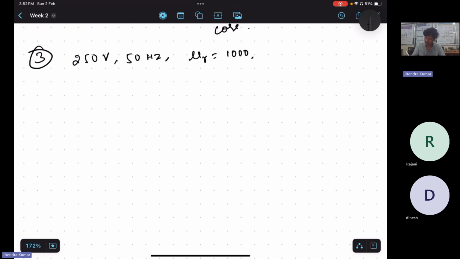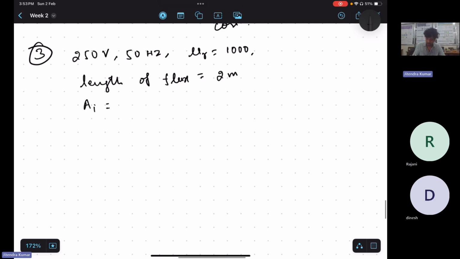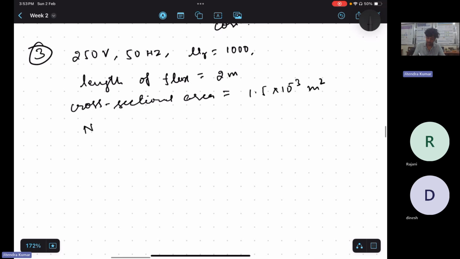The length of flux path is also given. The area of cross section is given as 1.5 into 10 to the power minus 3 meters square, and N1, the primary winding number of turns, is equal to 750.